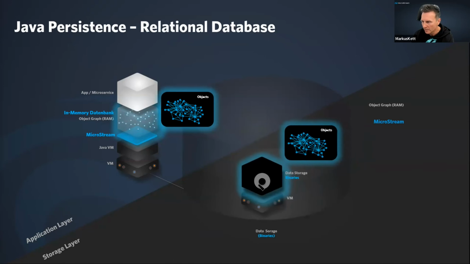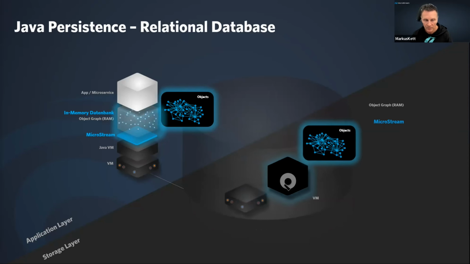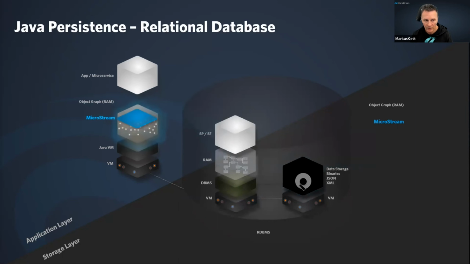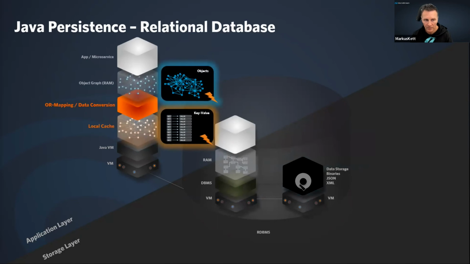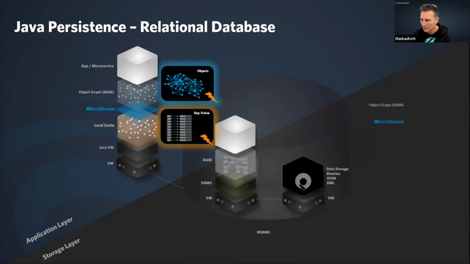And the database management system as well, because our business logic now becomes our database management system. And here we only have a storage. This is the reason why MicroStream architecture is much more simple. So let's go back one step. So traditional persistence, we replace Hibernate with MicroStream.